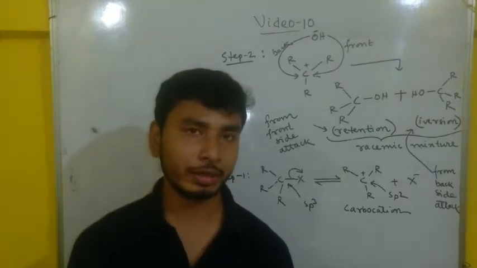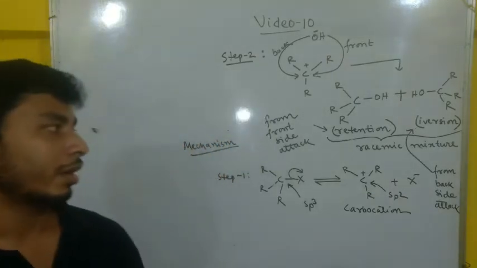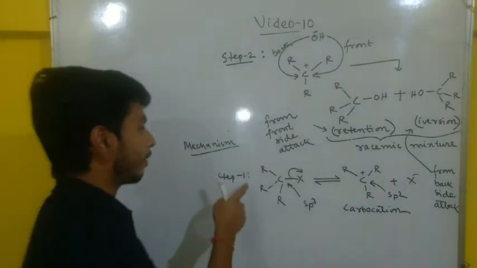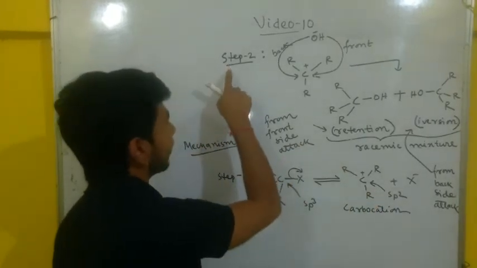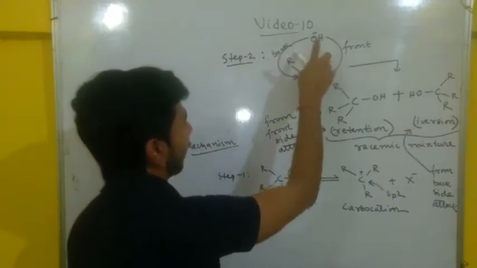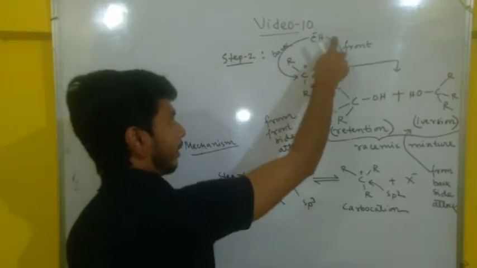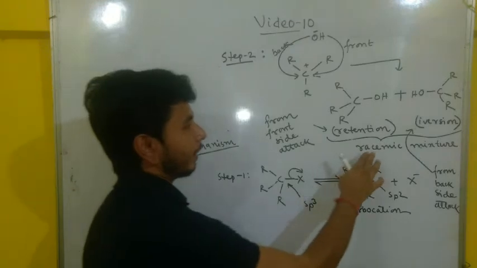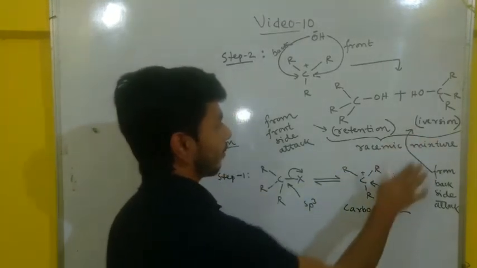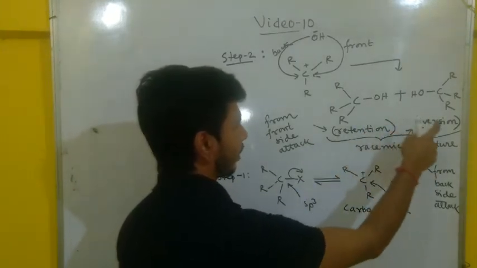In the first step, carbocation is generated. In the second step, the nucleophile attacks the carbocation in the front side as well as in the back side to give a racemic product. Racemic product means it is retention product and inversion product.